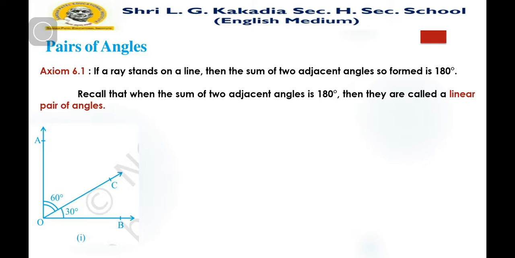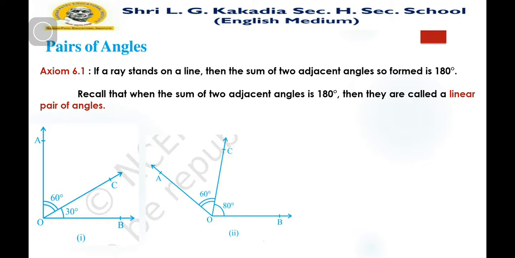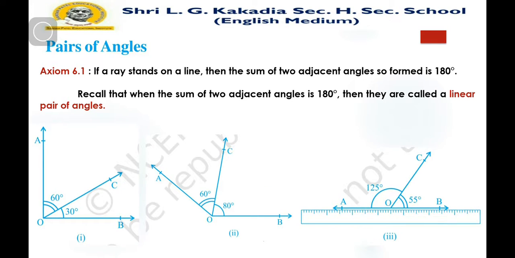Such as you can see here, given two adjacent angles, AOC and COB. The sum of both gives angle AOB, where AOC is 60 degrees and COB is 80 degrees. Now let both the non-common rays lie on a line, such as you can see here.